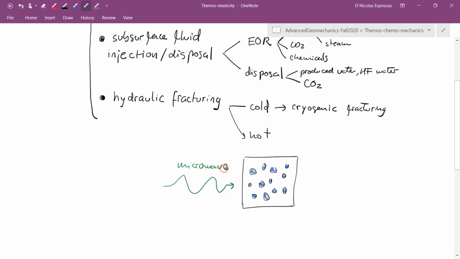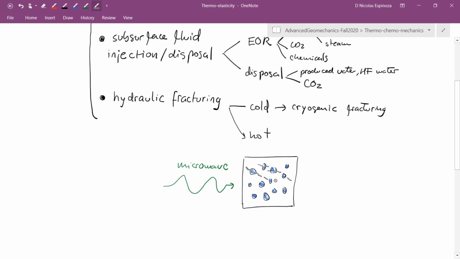a rock with microwaves, you could cause some of these fluids to expand and sometimes even to change phase, go from liquid to vapor, and as a result of that, produce a cracking of the pores so that the entire rock fractures.